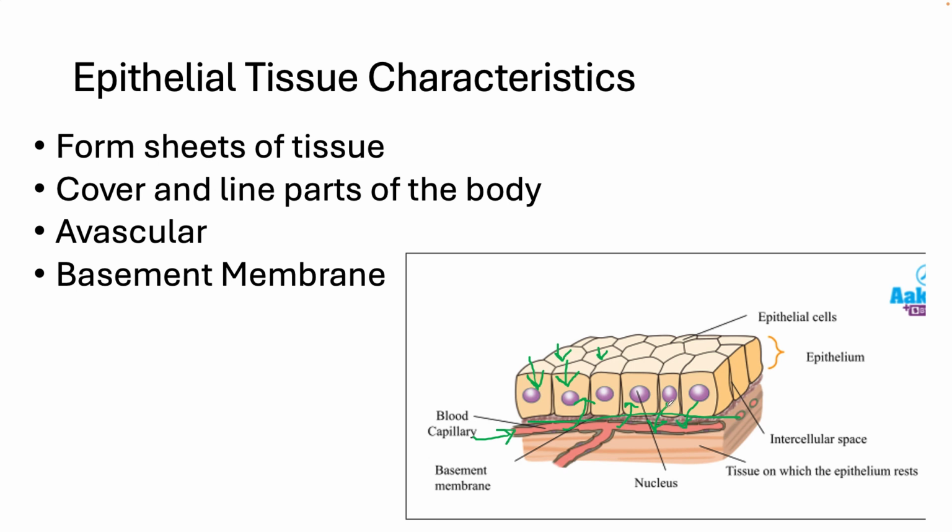Now, since these cells form coverings and linings, they tend to get damaged a lot. And so therefore, they're constantly having to replace lost or damaged cells. And so epithelial cells rapidly divide. They're constantly dividing to replace anything that gets lost or damaged.